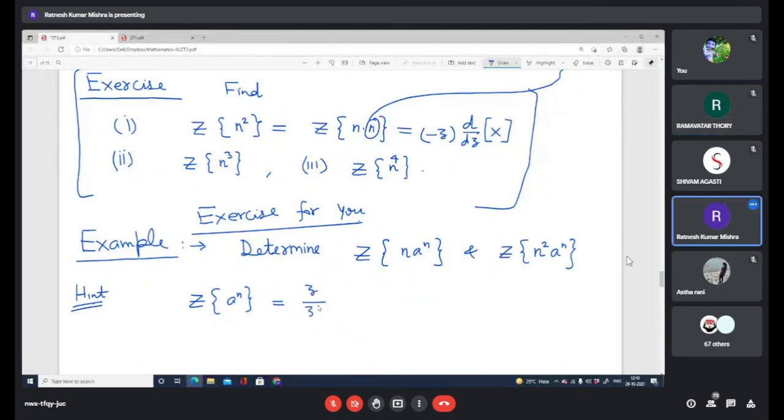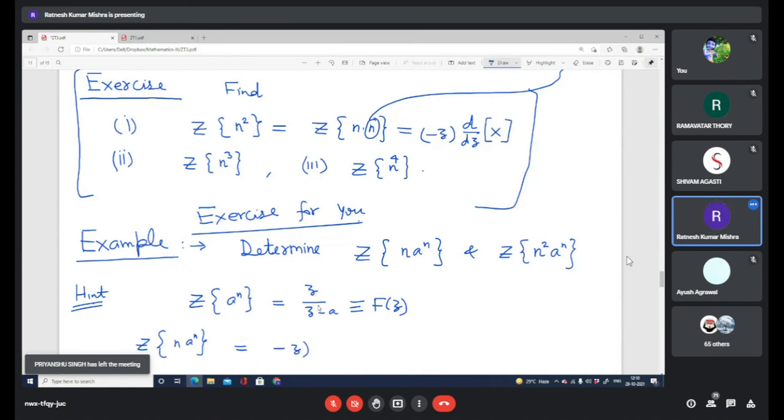So therefore, Z transform of n a power n is minus z d by dz of F(z), so write z by z minus a. So you find this one. Similarly, suppose this is y.